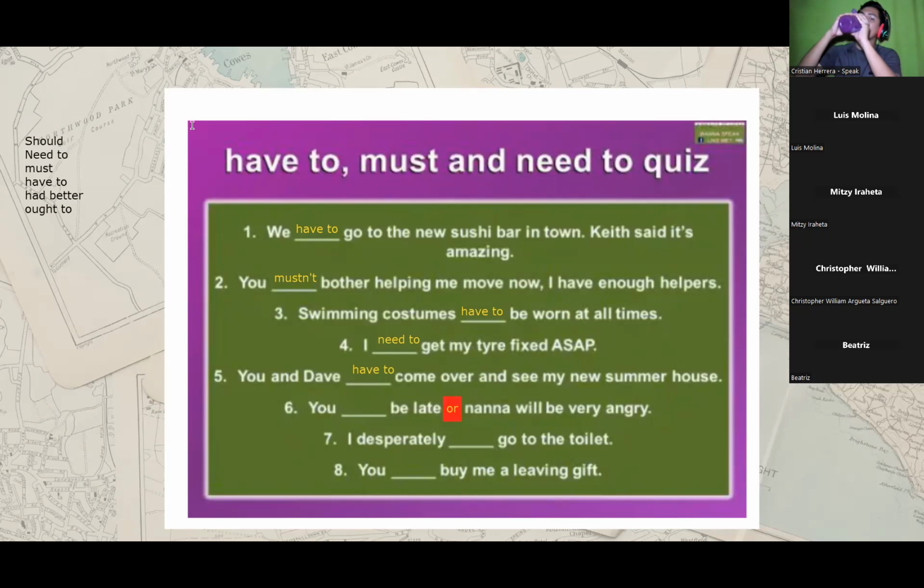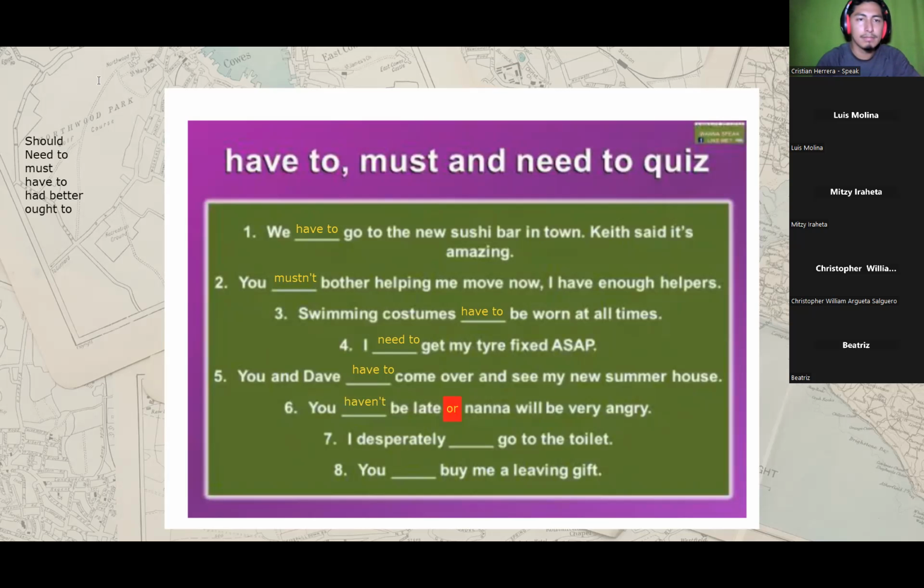Oh, you haven't. You haven't? No, haven't. Tú no tendrías que estar tarde. Ajá, you haven't. Okay. Si usted dice have to, pero dice que puede ser, estaría así.